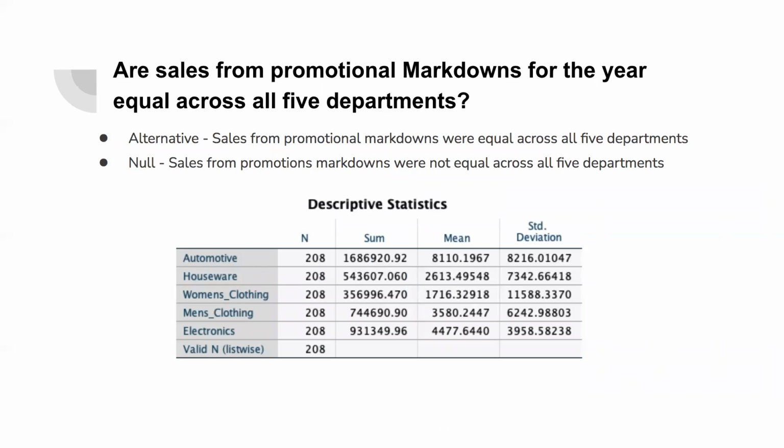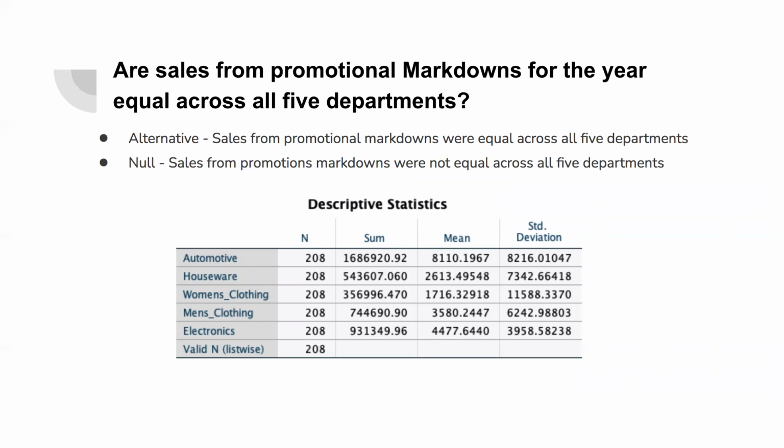Next, we looked at sales from promotional markdowns for the year and whether or not they were equal across all 5 departments within our analysis. We used descriptive statistics to look at these markdowns, and the results are displayed in the output.